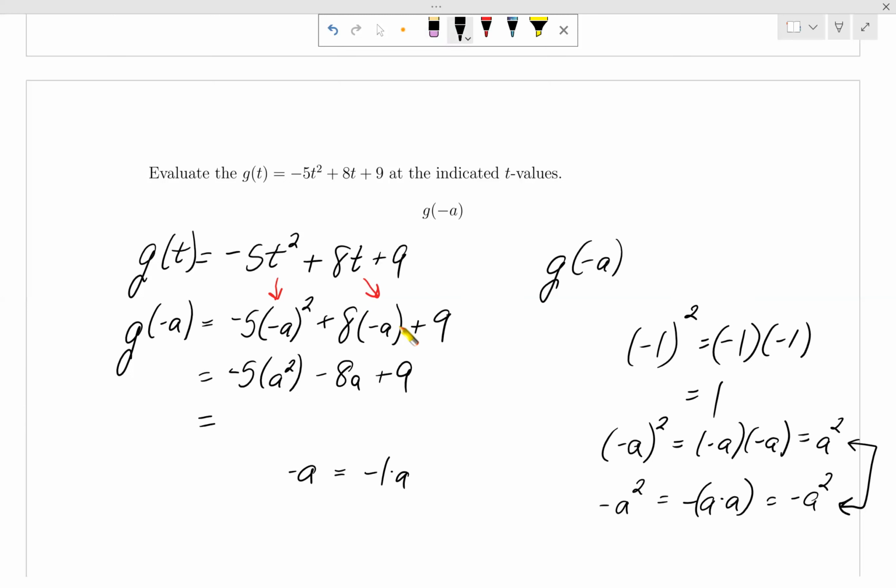Alrighty, so then we get negative 5 times a squared minus 8a plus 9. And so that's going to be our final answer. So g of negative a is equal to negative 5a squared minus 8a plus 9.